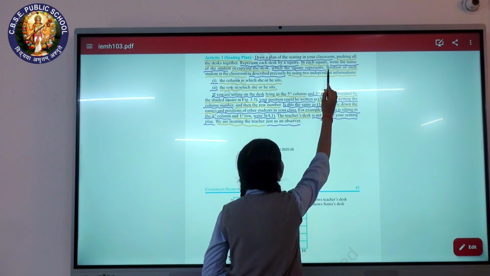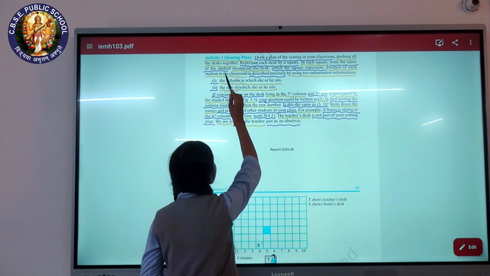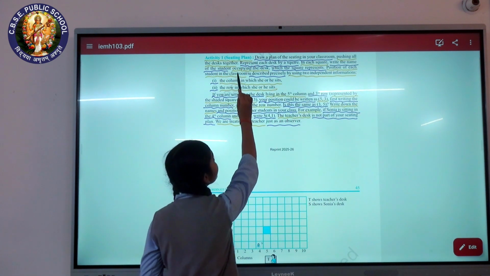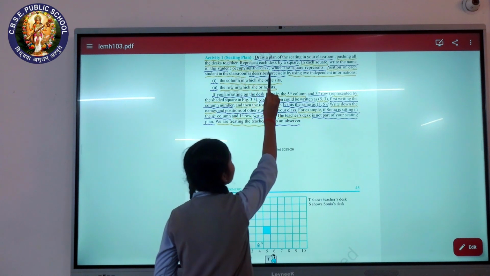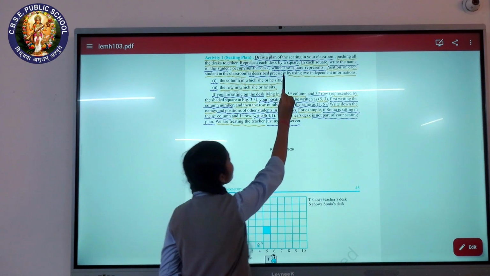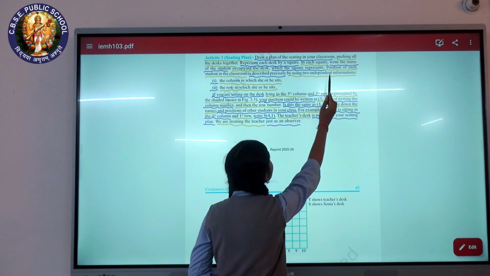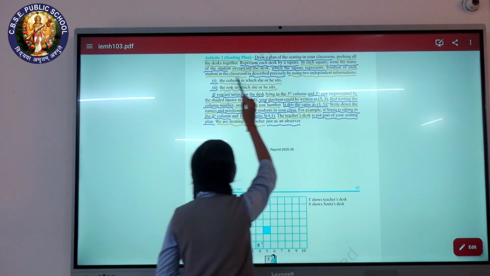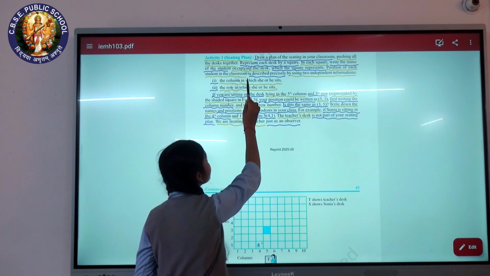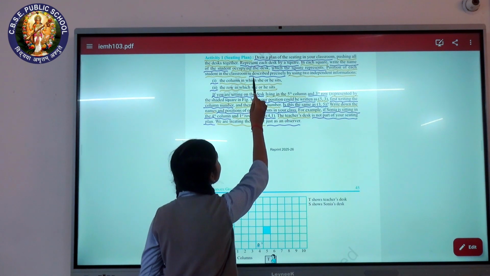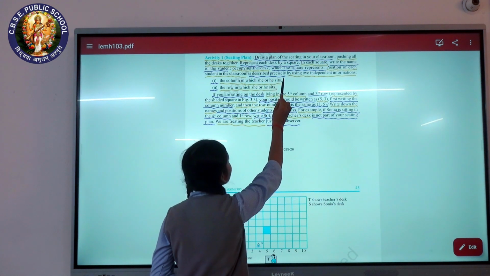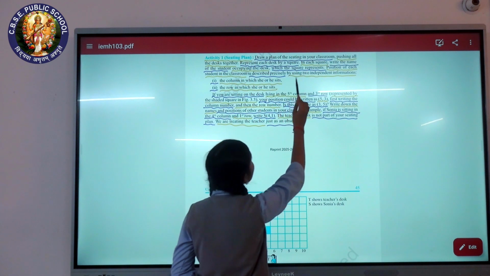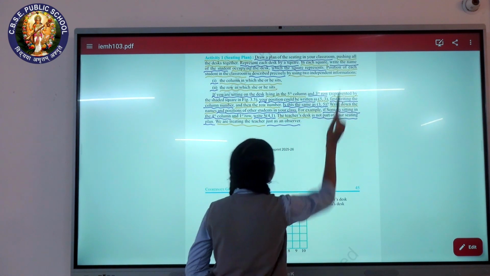In each square, write the names of the student occupying the desk which the square represents. Position of each student in the classroom is described precisely by using two independent informations.